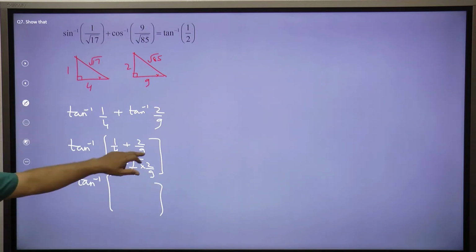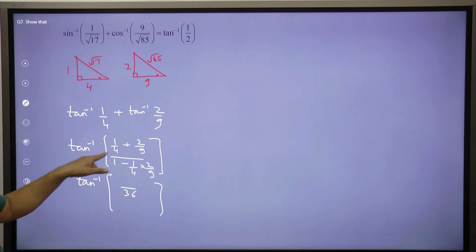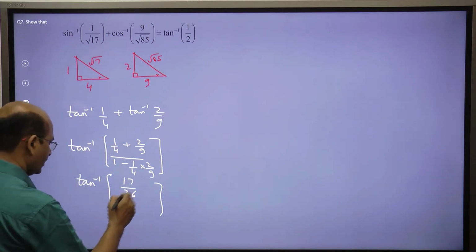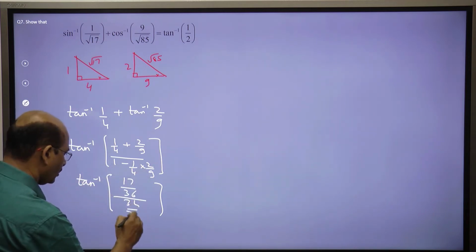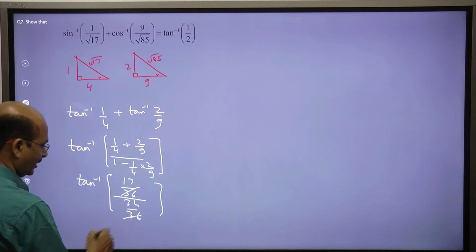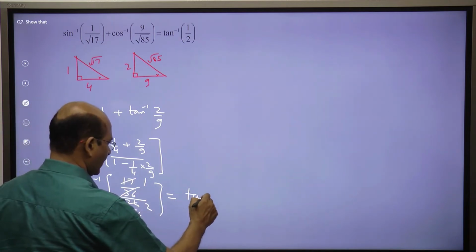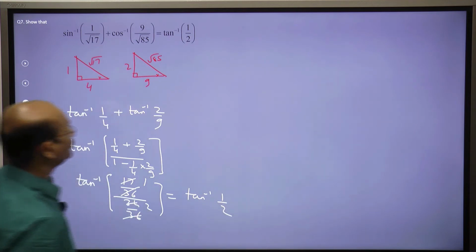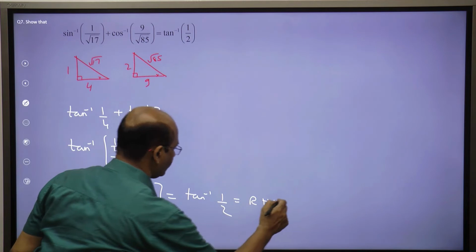Okay, I will solve this. 4 9s are 36, 9 plus 8, 17 upon 36, upon 36 minus 2, 34 upon 36. This gets eliminated, 17 1s are 17, 17 2s are 34, so that is nothing but tan inverse 1 by 2. Let us look at what we have to prove, which is nothing but the RHS. So that is the pattern of the question.